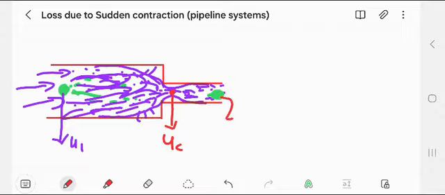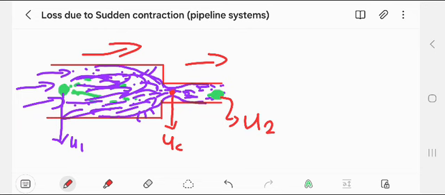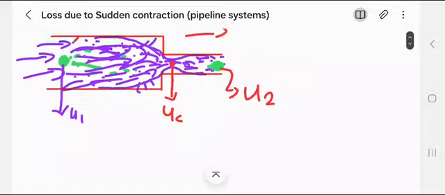Then this point is where we have velocity 2 in this diameter. So our fluid is flowing in that direction. We have diameter 1, as you can see, and this is the diameter due to that construction of the fluid. That is not a problem.